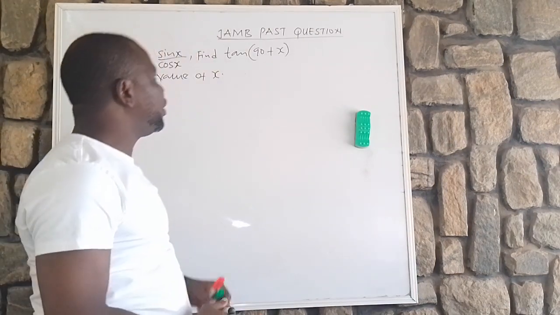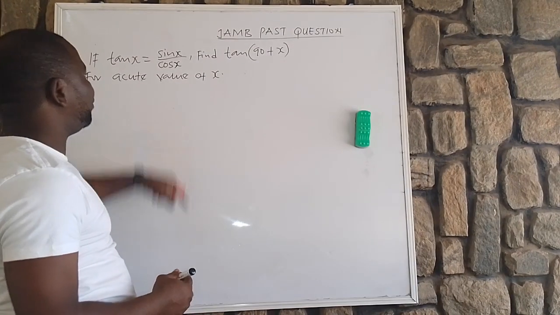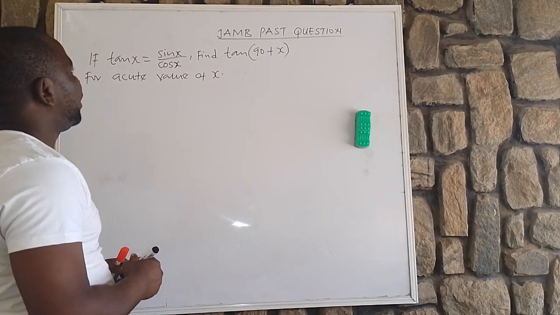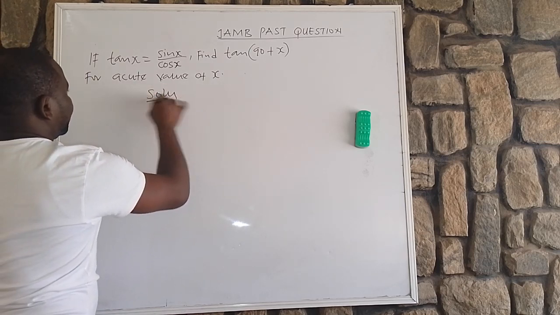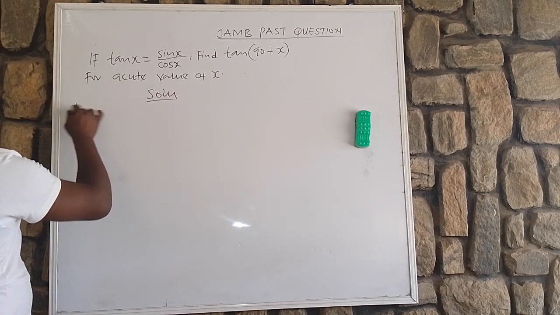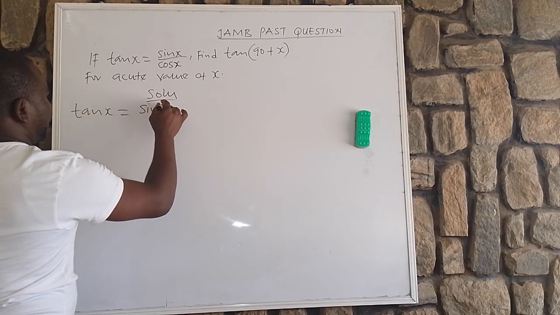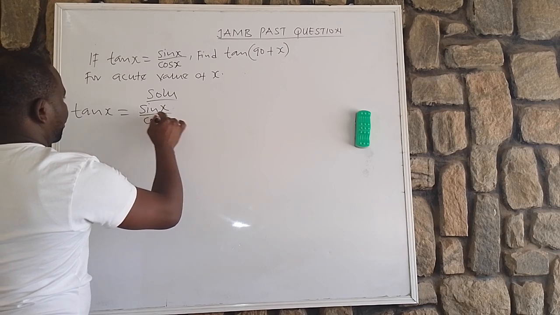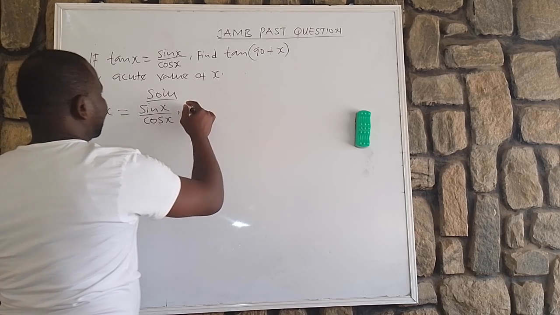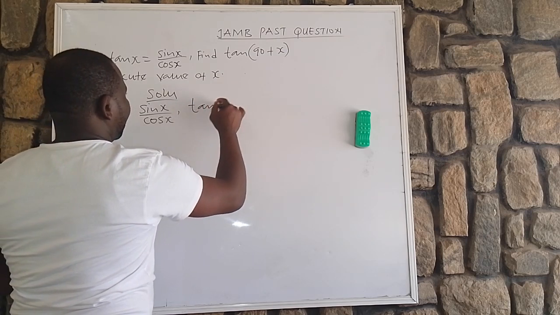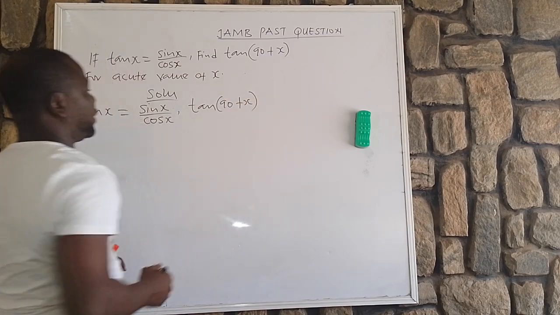Okay. So if you come across questions of this form in Jamb, let's first write the solution. Our tan x is equal to sin x all over cos x. Then they said we should find tan of 90 plus x.